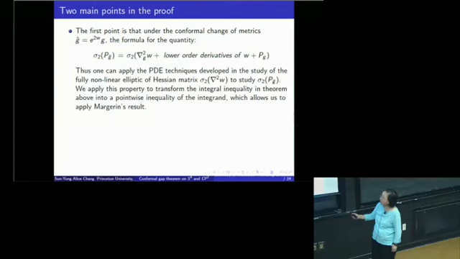So the study of sigma 2 of P g hat is like the study of sigma 2 of the Hessian. We use that to move from the integral condition to the pointwise condition.